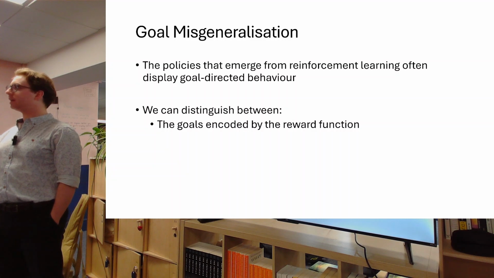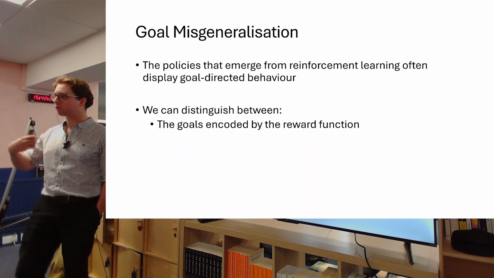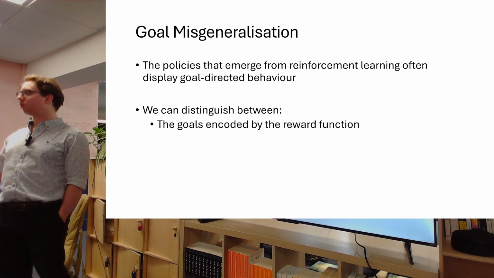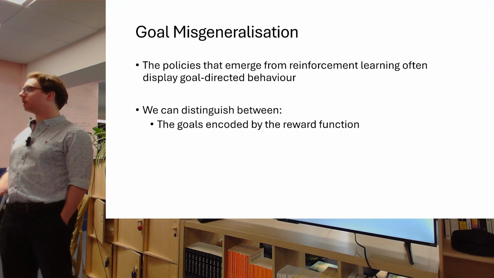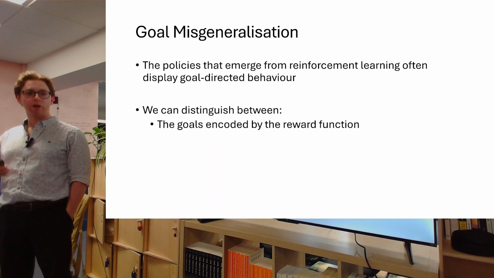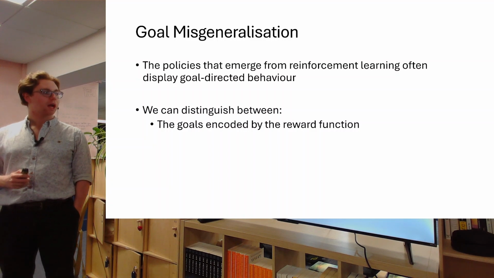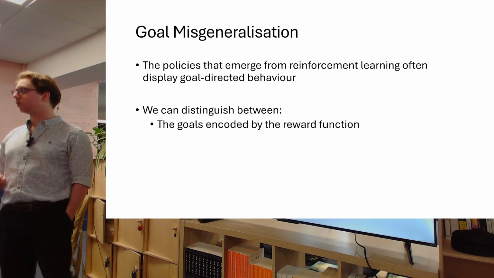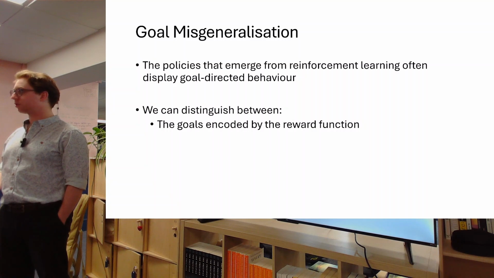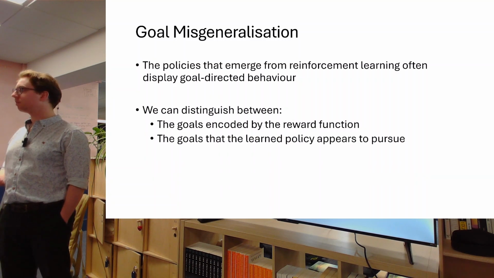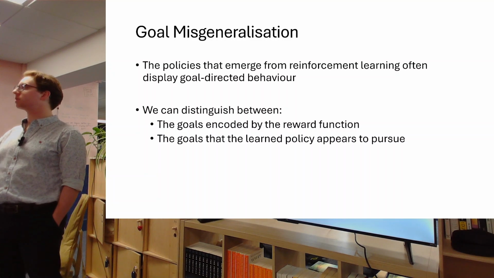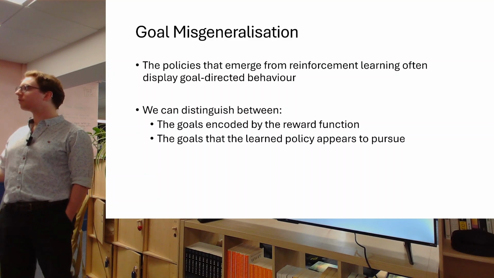When we set up our reinforcement learning agent and trained it with an algorithm, we used a reward function, and that reward function encodes some goals that we want our agent to learn, that we're looking for our agent to pursue. And we can distinguish between that set of goals and the goals that the learned policy appears to pursue, or internally is trying to pursue, right? So these are two different things, and they don't necessarily have to be the same as one another.